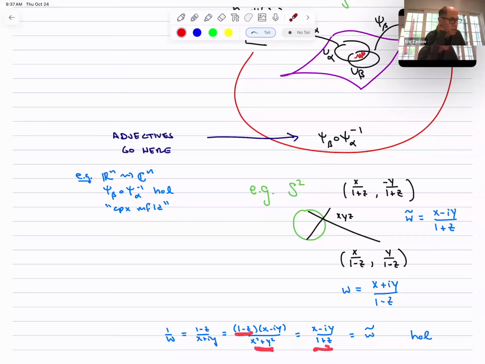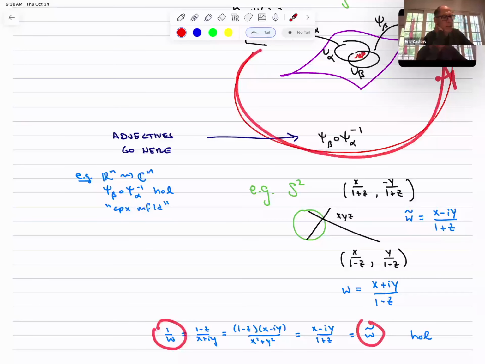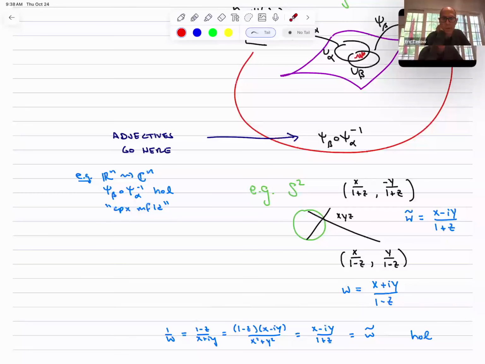I get a 1 plus z in the denominator, and it's just w twiddle. And lo and behold, w twiddle in terms of w, that's this map here, is a complex analytic map. It's just 1 over w, which is complex analytic.